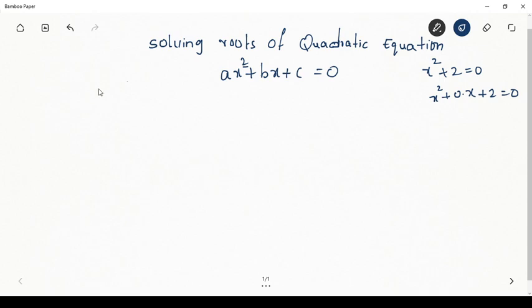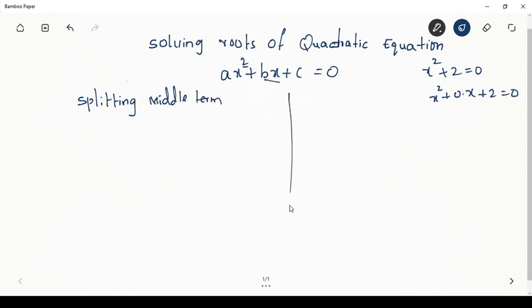First I'll go with one equation, how to solve it. There are two methods of solving the quadratic equation. First one is splitting the middle term. What is the middle term here? The middle term is nothing but bx. We'll split bx.